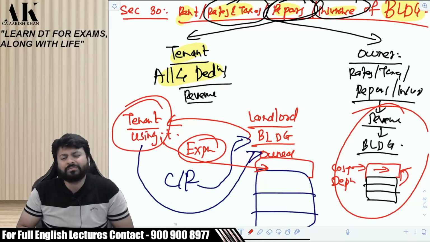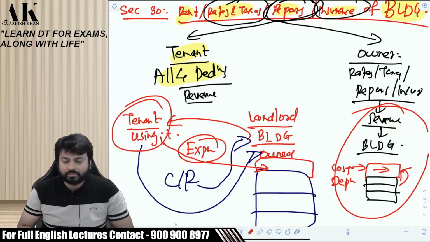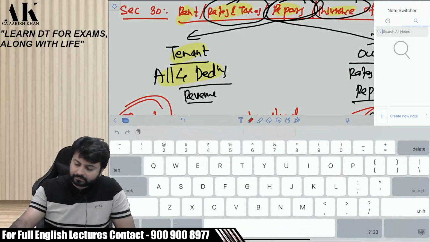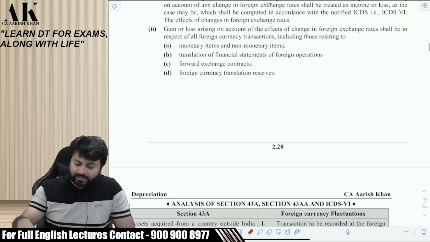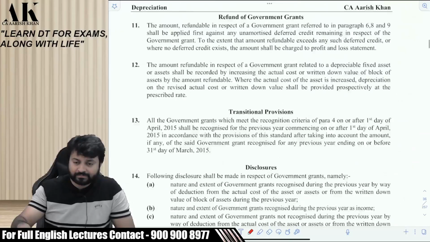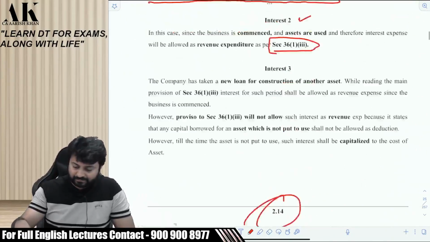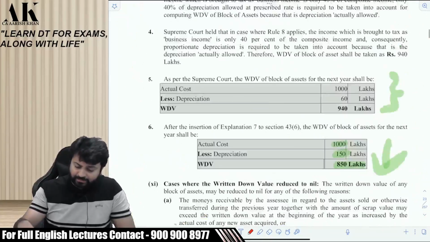Yes or no? But in this case, what will you do? So the government made an amendment long back, which says the chapter of depreciation is not going to leave you so easily. Come back to depreciation. And there is one concept of deemed building over here.